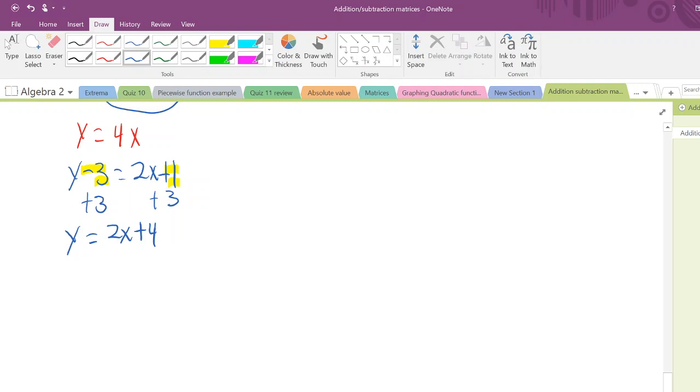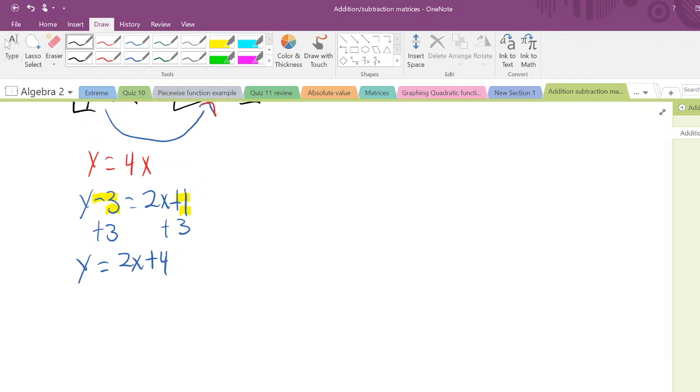Alright, so then what am I going to do? I'm going to set them equal to each other, because these are my y's, my y here and my y here. So I have 4x is equal to 2x plus 4.